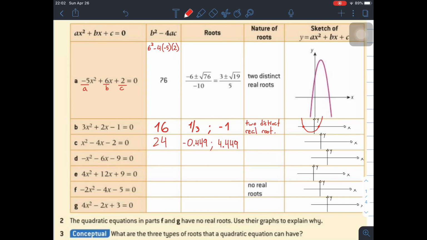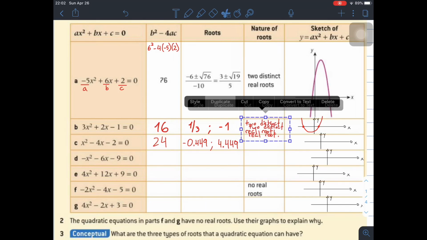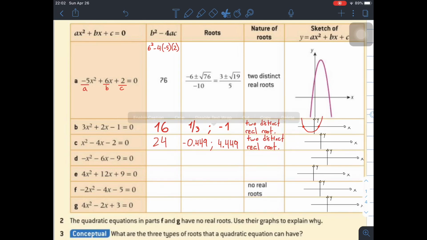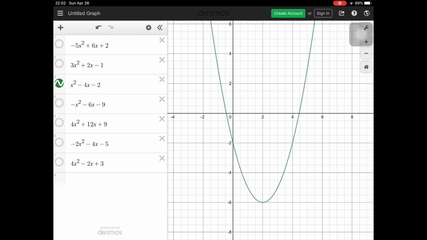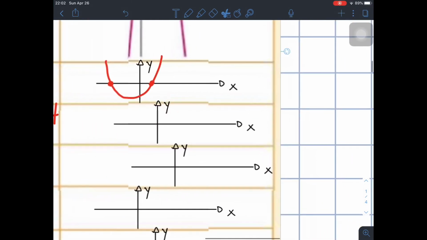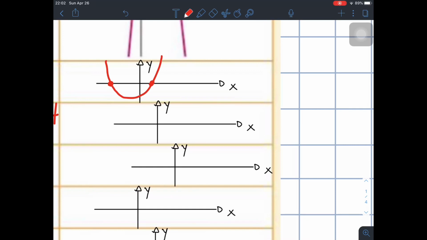Once again, we get two distinct real roots. So I'm going to copy this. And the graph looks like it's a happy face. So the graph looks something like this. Okay.